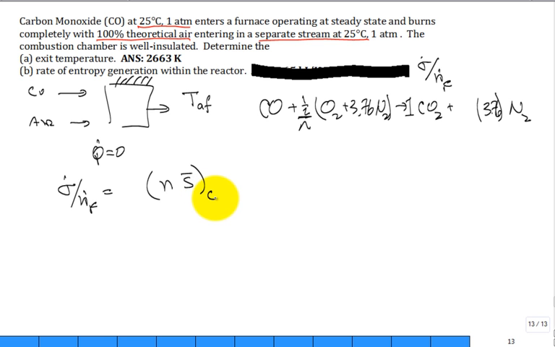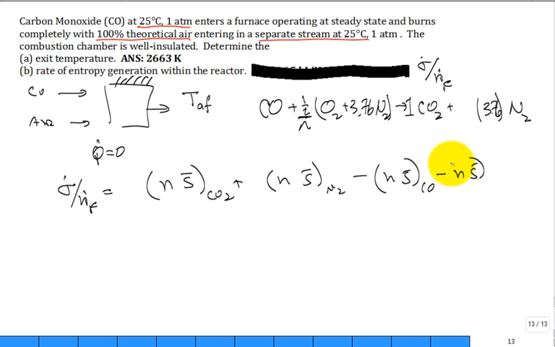So this will be for the CO2 and the N S bar for the nitrogen, minus the N S bar for the CO, minus the N S bar for the O2, minus the N S bar for the nitrogen. This nitrogen is in the product, that nitrogen is the reactant.